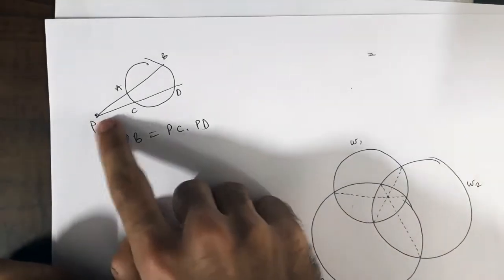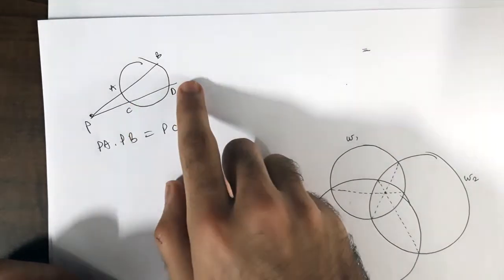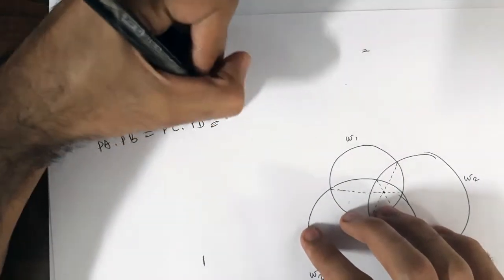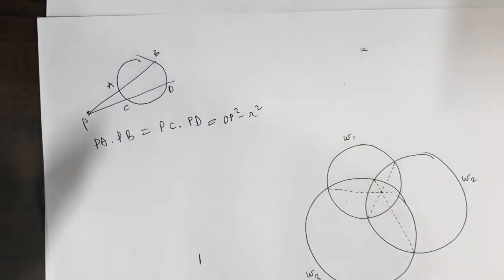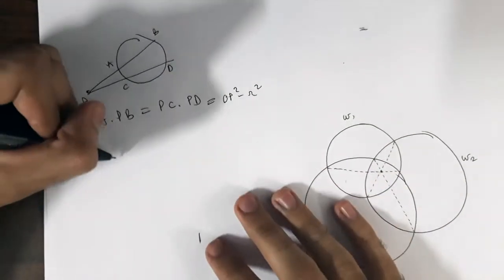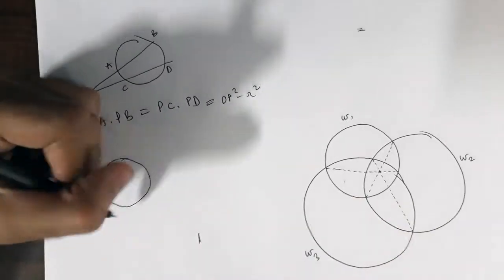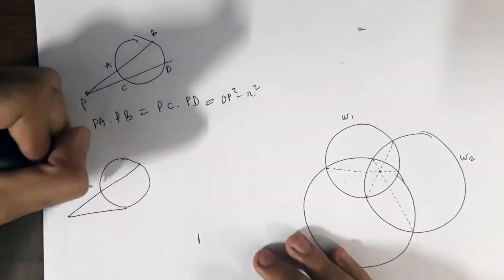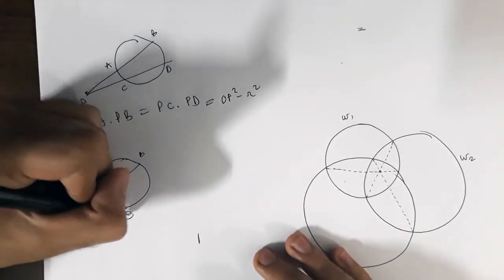Notice how we're considering the whole length, not this thing. And this would also be equal to OP square minus R square. Right? And even more interesting would be the case when we have tangents. Like suppose we have this A, B, Q, P.